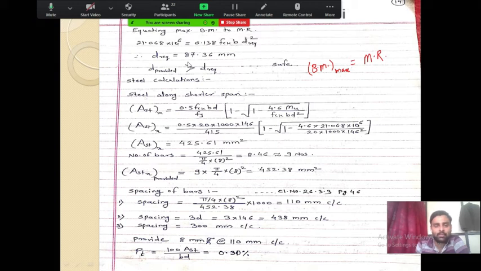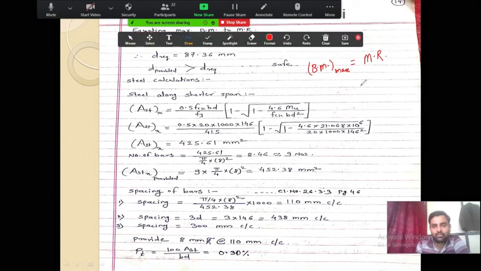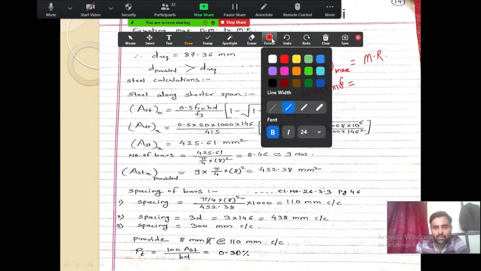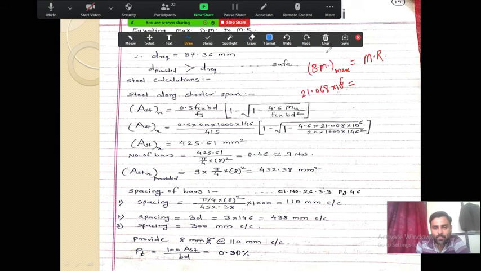Our maximum bending moment is 21.068, and the moment of resistance we should take here is 21.068 into 10 raised to 6. This is your maximum bending moment, which is equal to the moment of resistance.